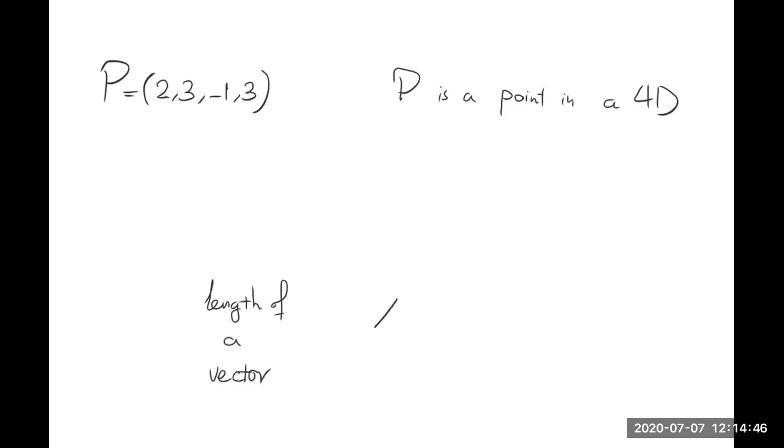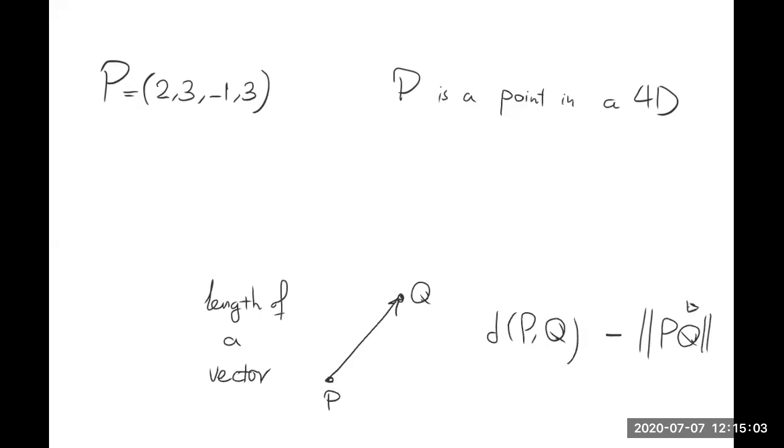You have a vector, it has a length. The distance between P and Q is equal to the length of the vector connecting them. They are the same. We are just using 2 different words, but they're actually the same. Thank you.